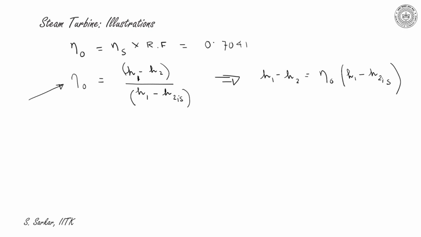I know the values of H1 and H2s, so the bracket is known. So I can get H1 minus H2, the actual enthalpy drop, as 612.57 kilojoule per kg.